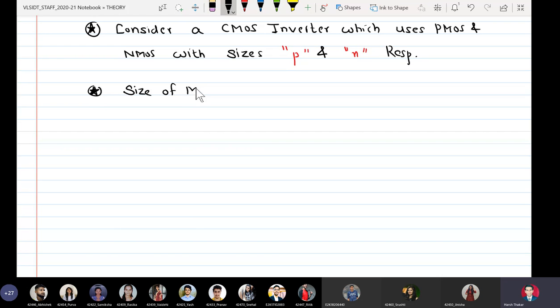Size of MOSFET is equal to width upon length. This is very important.